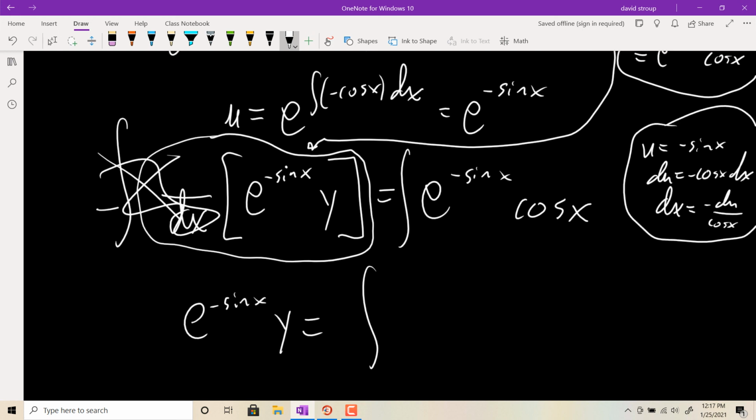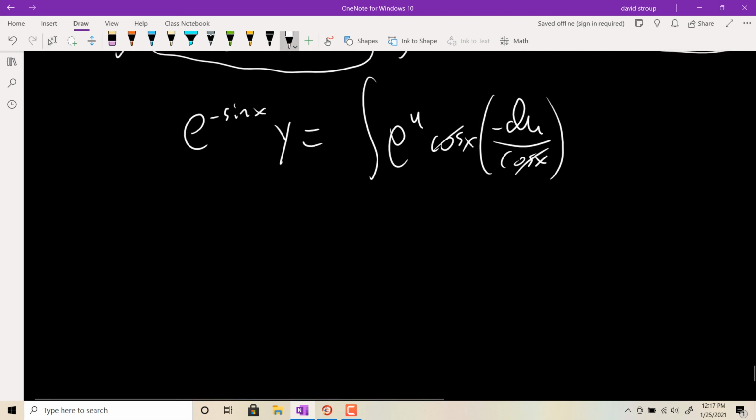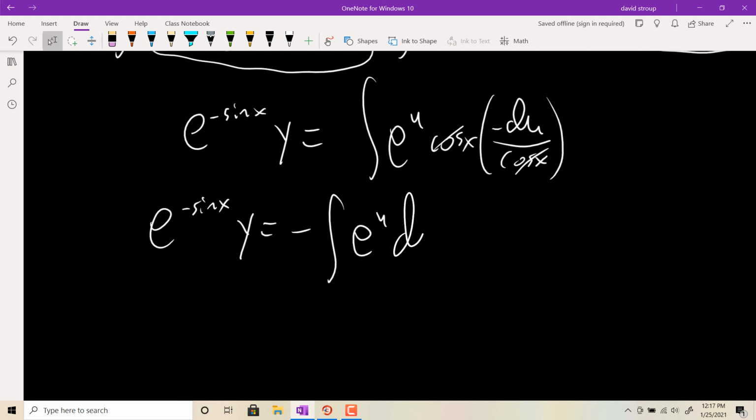So I got integral e to the u cosine x times negative du over cosine x. Cosine x's are gone. You can factor out negative 1. So e to the negative sine x times y is negative integral e to the u du.